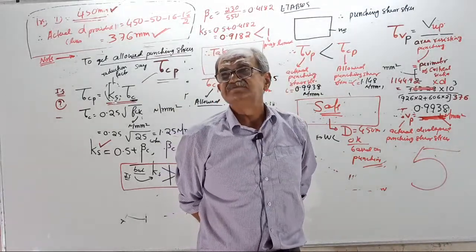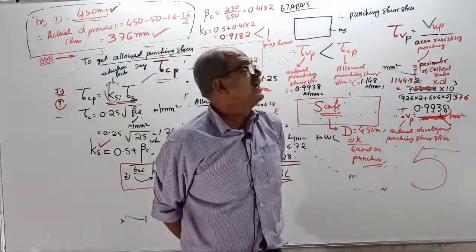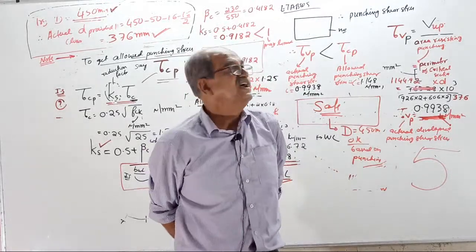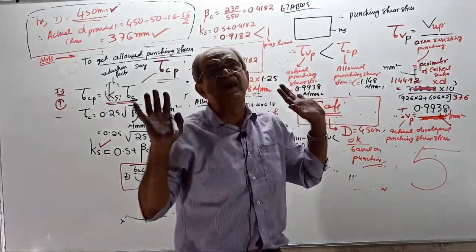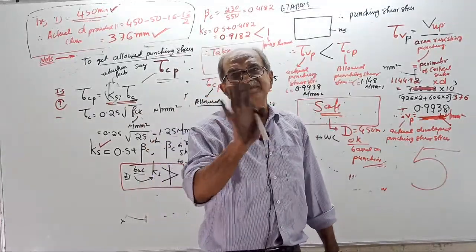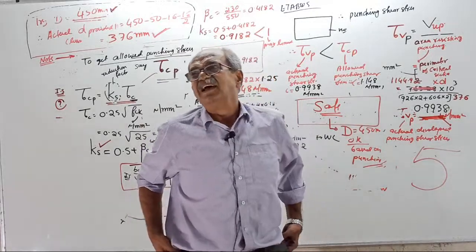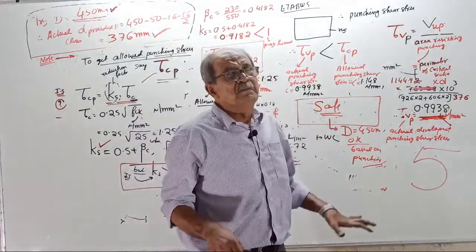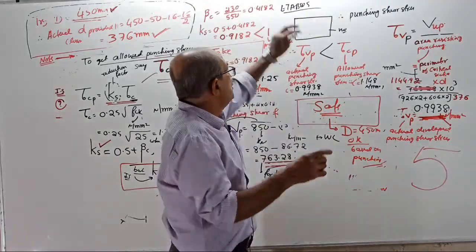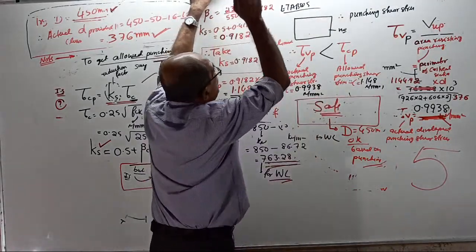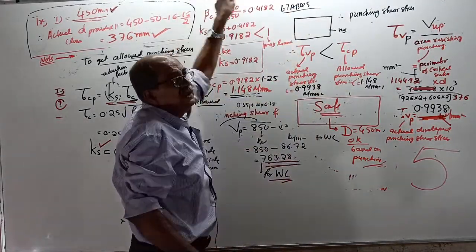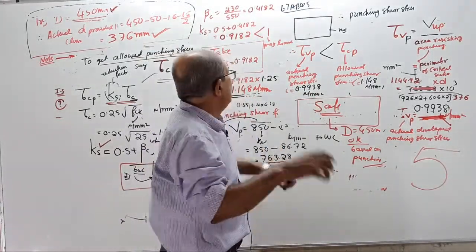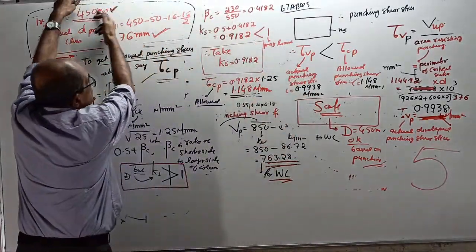I don't want to tell much about it. A number will be given. Anybody can tell me, in ETABS and SAFE, if you right click on that one, it will tell you all these details.